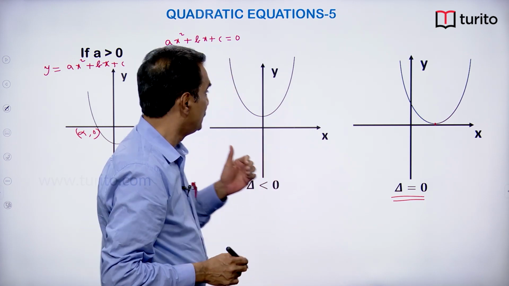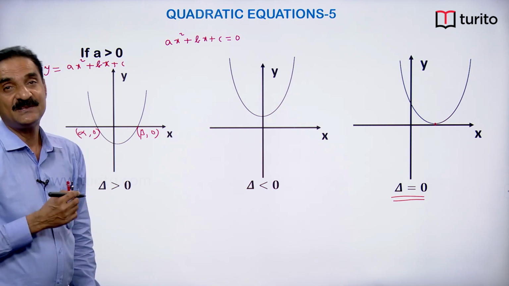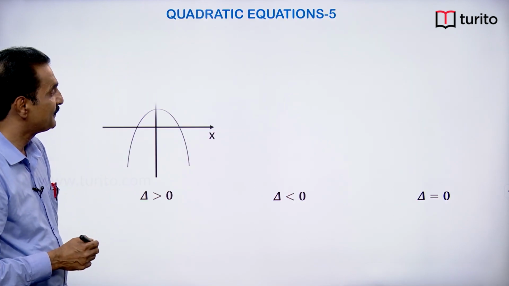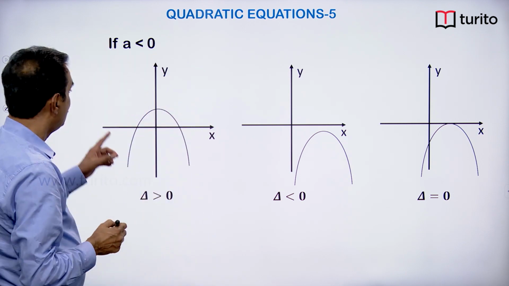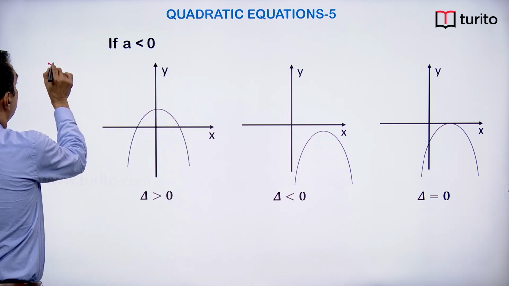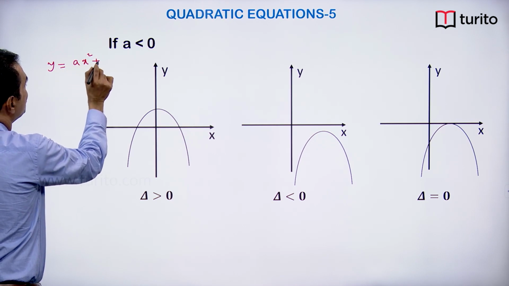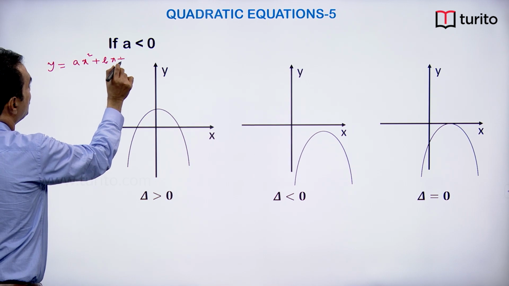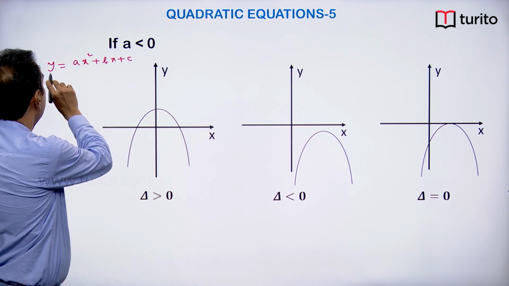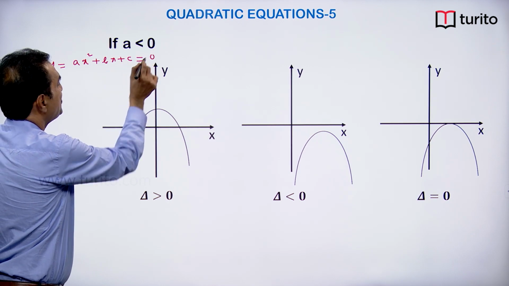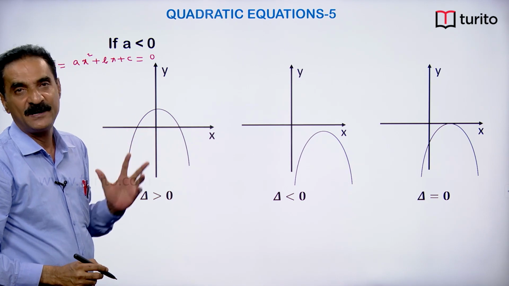Okay. Next, if a is less than 0, these three are the possible cases. This is the graph of y is equal to ax square plus bx plus c. If delta is greater than 0, then taking ax square plus bx plus c is equal to 0, you will get two distinct real roots, say alpha and beta.